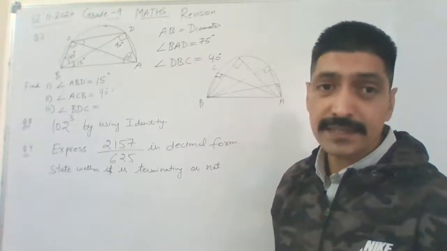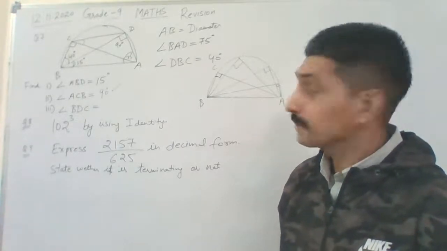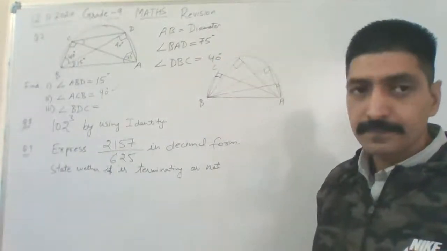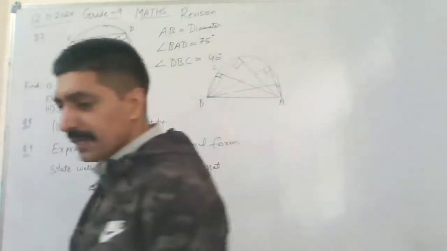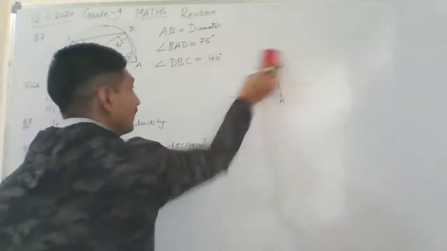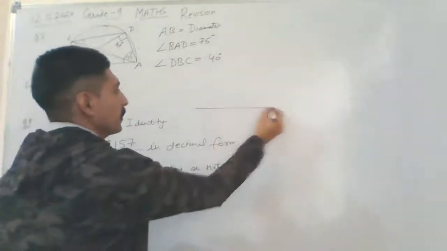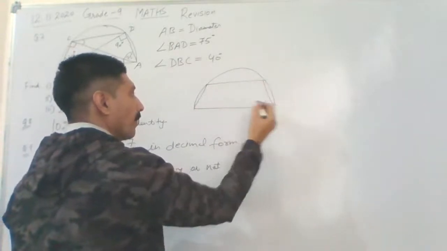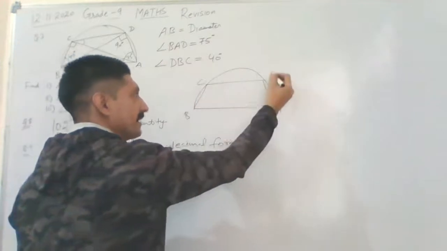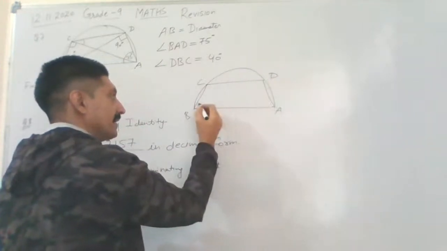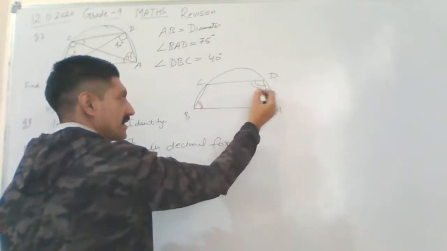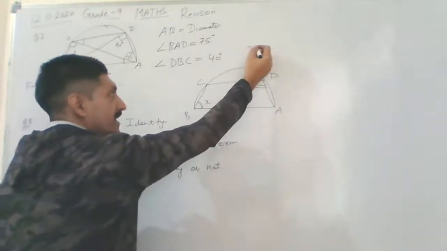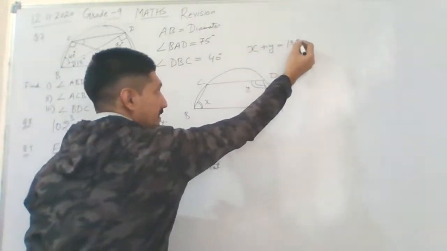This is a very simple question. We can apply the concept of cyclic quadrilateral. Here ABCD is a cyclic quadrilateral. A, B, C, D are the points, and in a cyclic quadrilateral, if one angle is X and the opposite angle is Y, then X plus Y is always 180, supplementary.